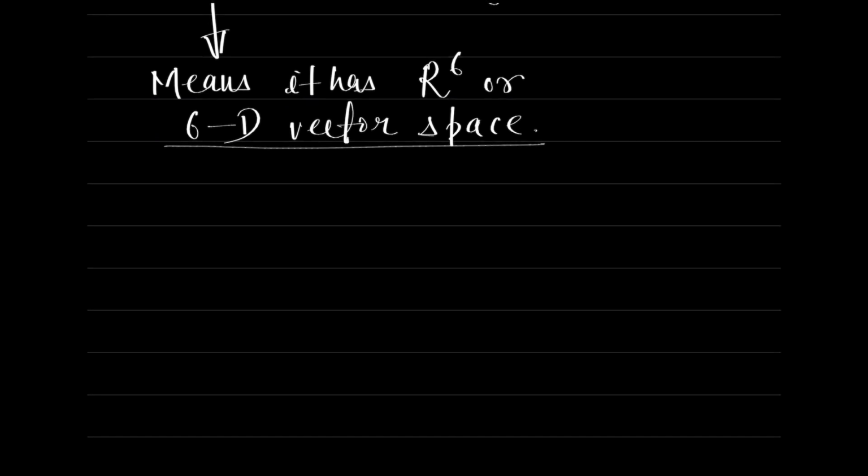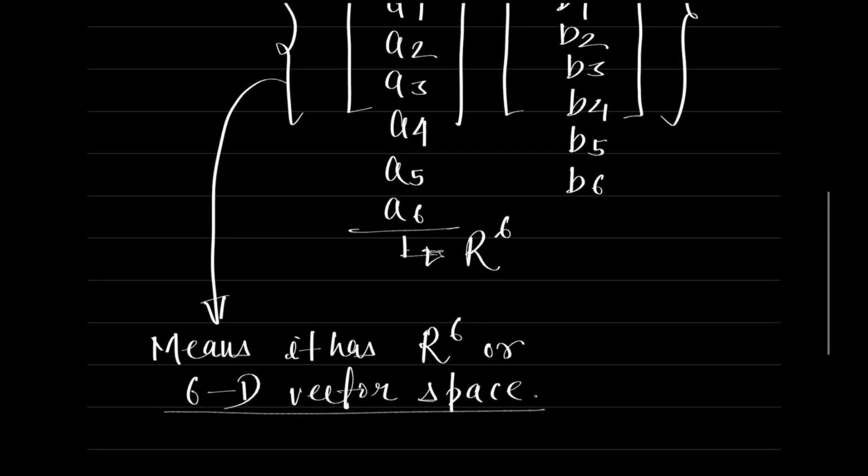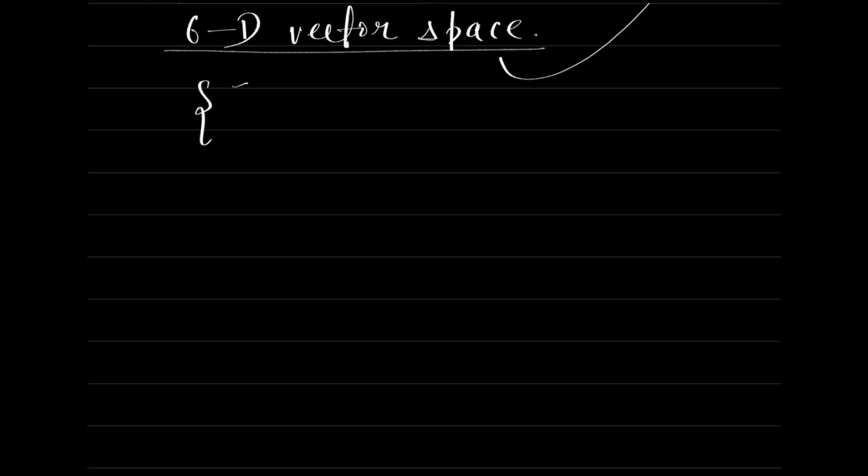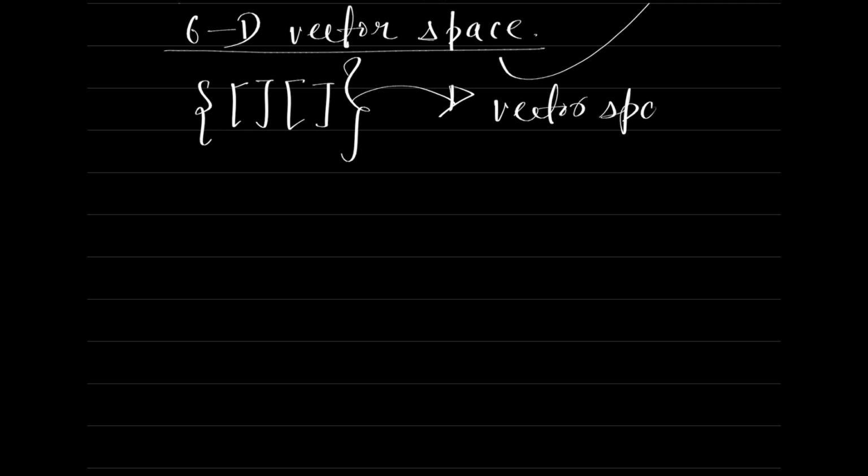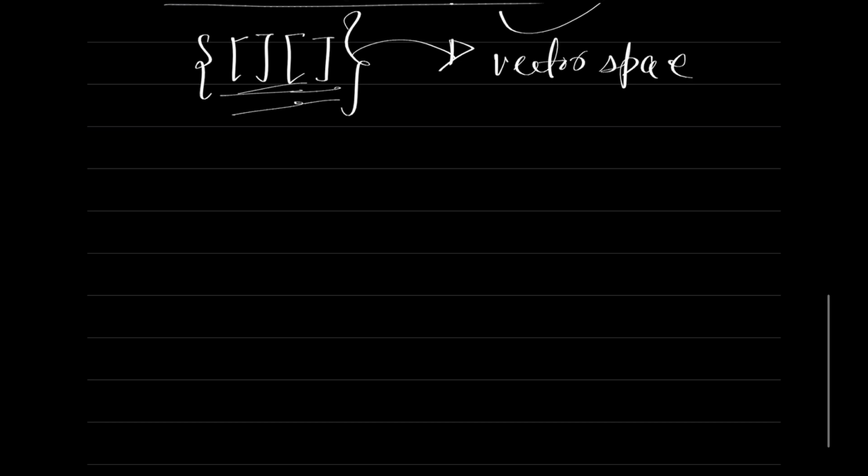In that six-dimensional vector space, this is a subspace, and this is called the vector space, and these are the vectors in the space.